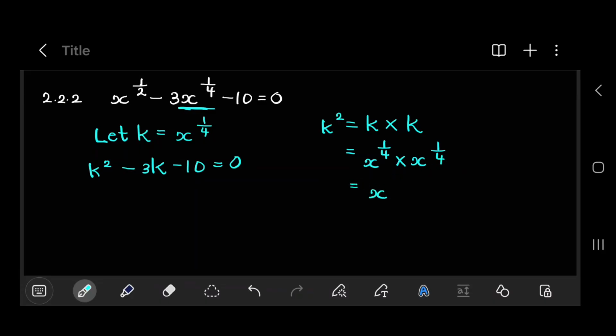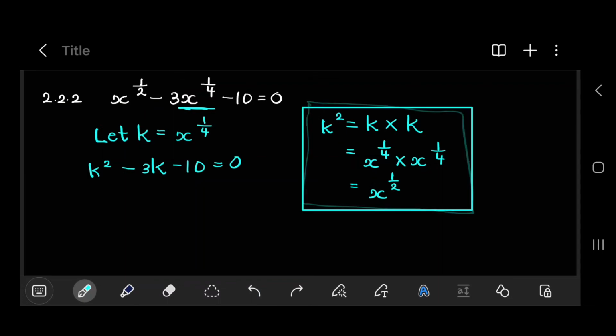According to laws of exponents, when we are multiplying bases that are the same, we add the exponents. 1 over 4 plus 1 over 4 gives you 1 over 2. And you can see that this 1 over 2 is the same thing as your first term, which is equal to k squared. But obviously, it's not necessary for you to show why it's k squared. This on the right hand side is just for your understanding.